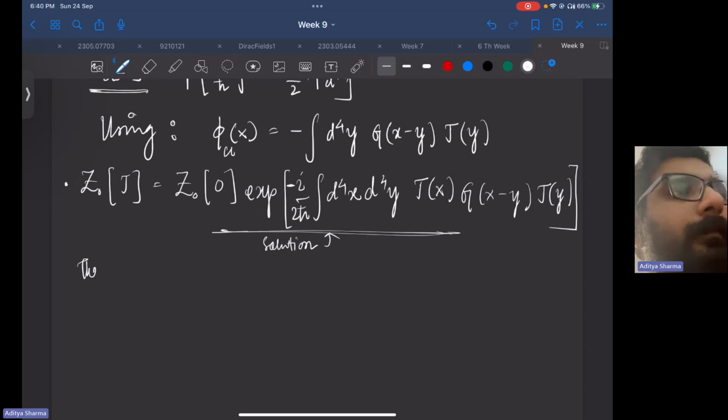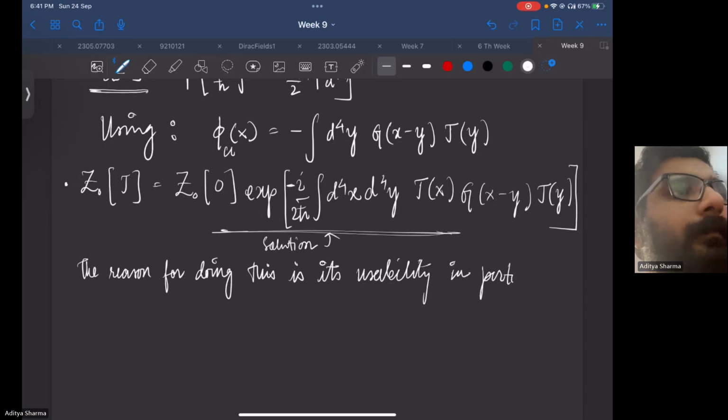The reason for doing this is its usability in the perturbation series.